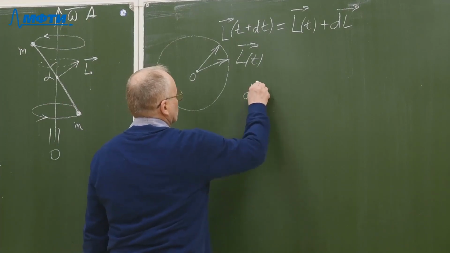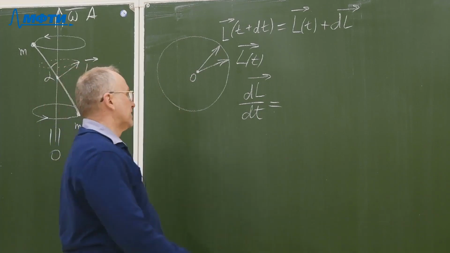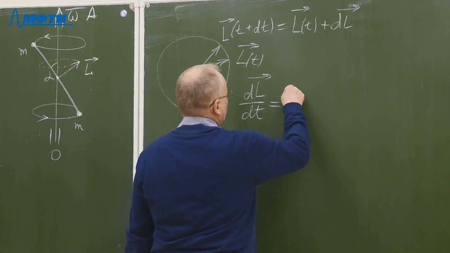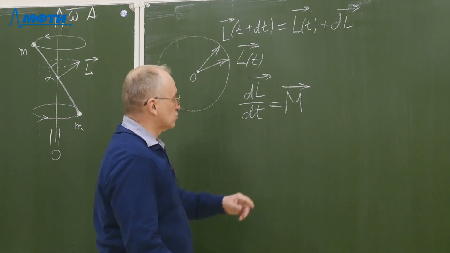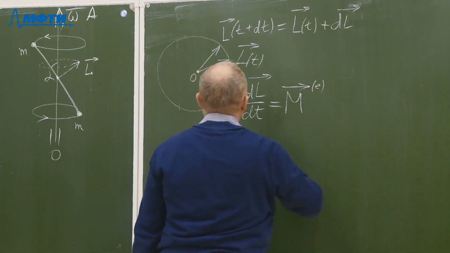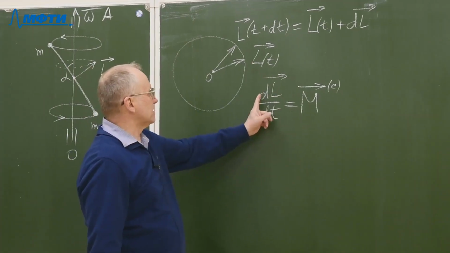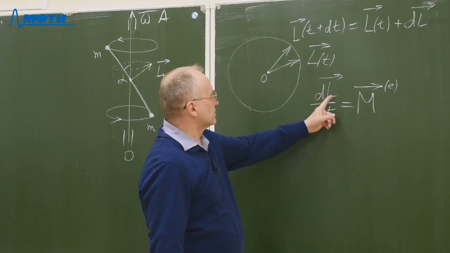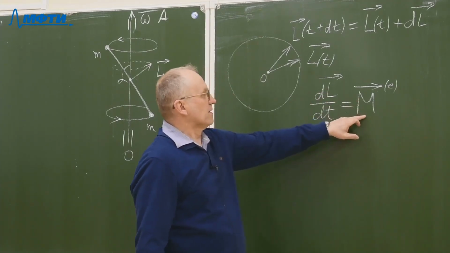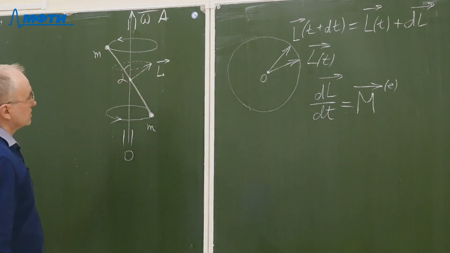And the rate of change of angular momentum, according to laws of physics which we have obtained, is determined by the vector of external torque of external forces acting on this rotating system. So if vector L is changing, dL is not equal to zero, then there is certainly some torque of external forces acting on this system.